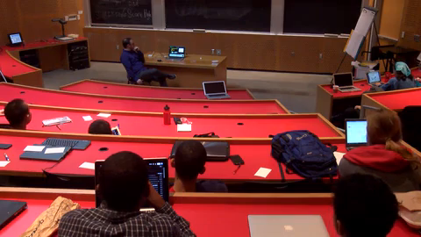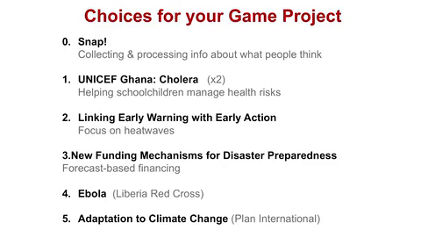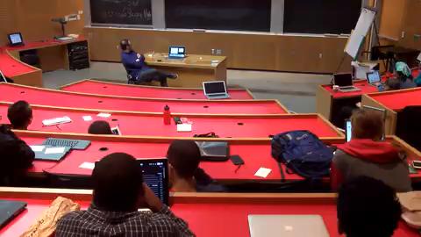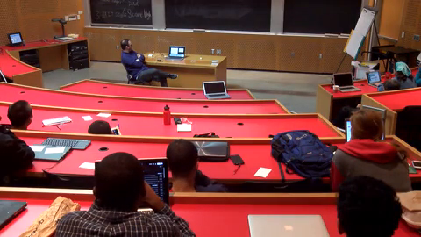So, moving on to the next slide that says choices for your gaming project. These are the 6 choices that we want to make available to you. The 0 one is to create a digital version of a game that could be played along the lines of what you just did, but for us to accelerate the collection of data, so that everyone can see at the same time what just happened.